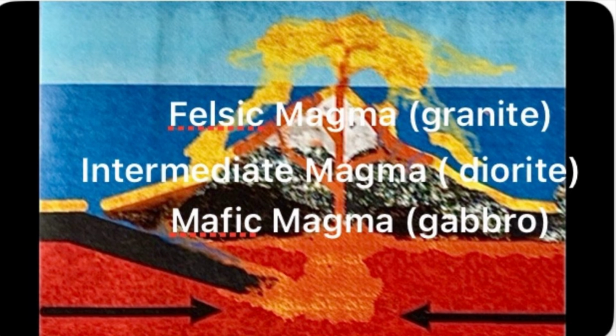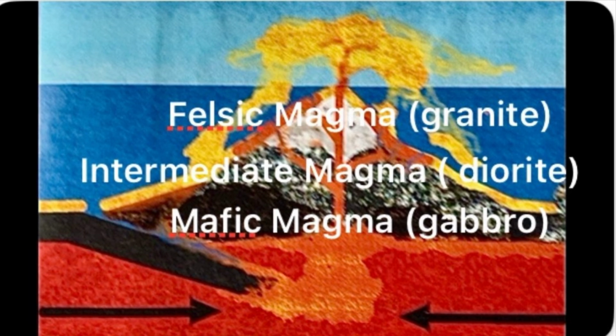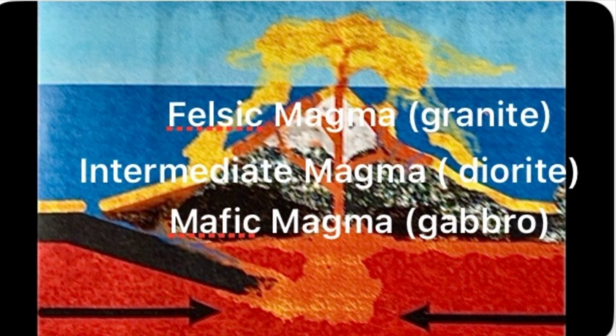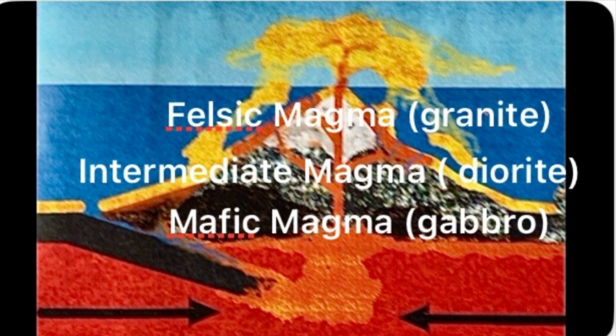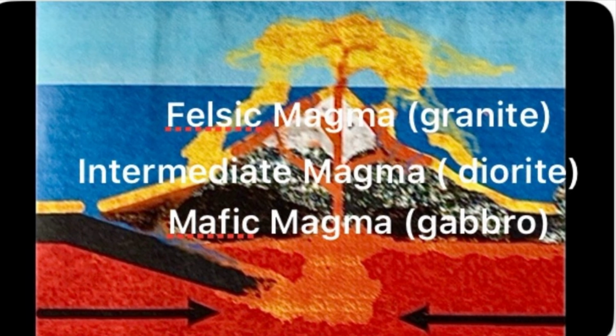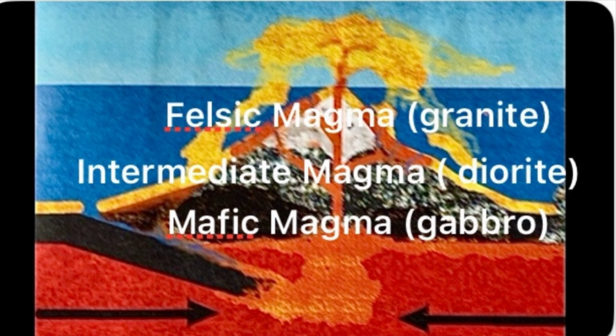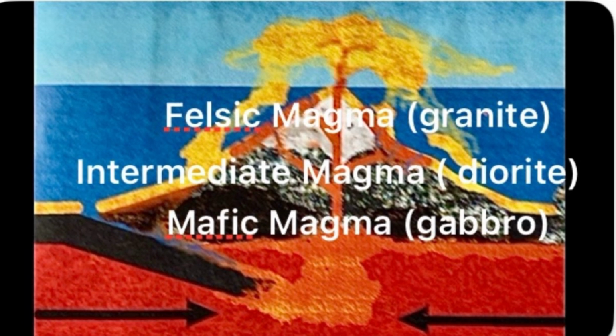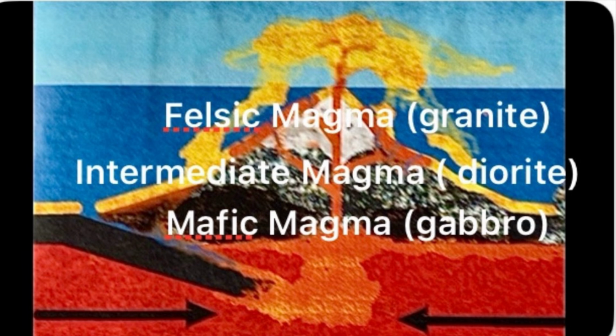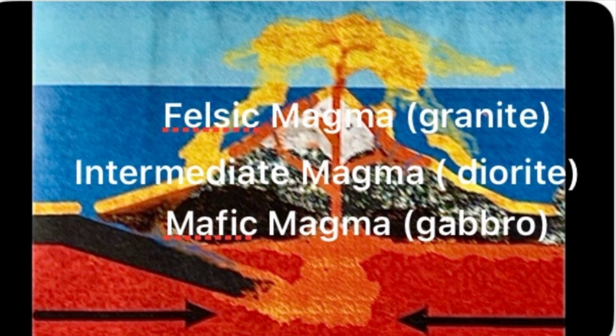And even though the subducting ocean crust is made completely of mafic rock that's being melted into mafic magma, all the ocean water that goes down with it helps to separate out intermediate magma and felsic magma.